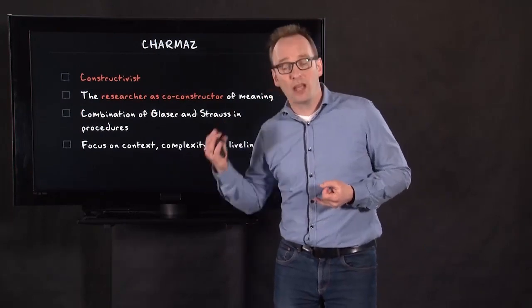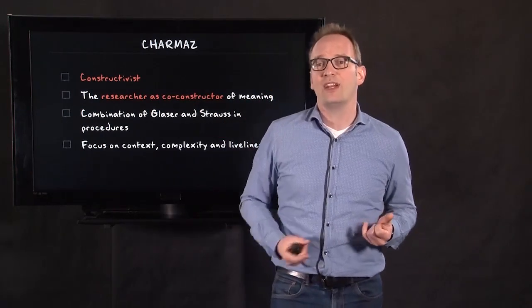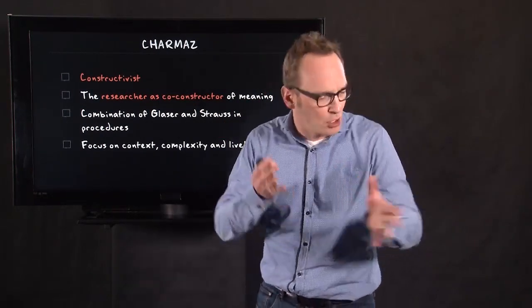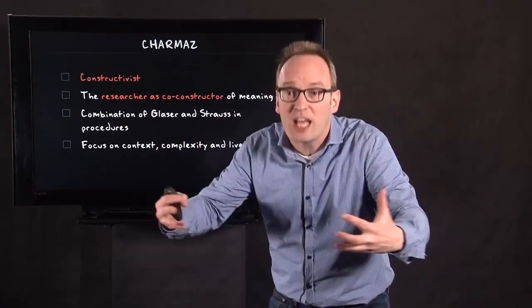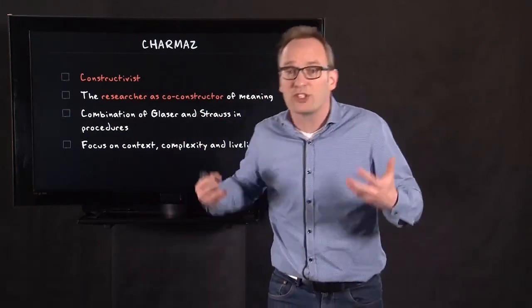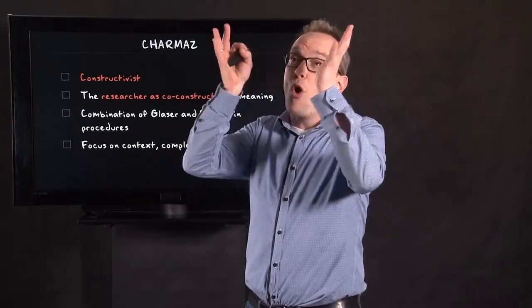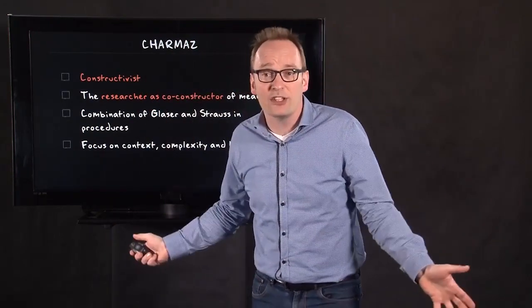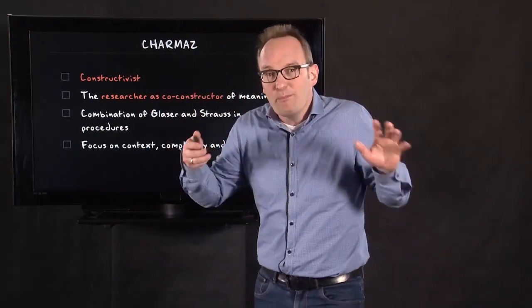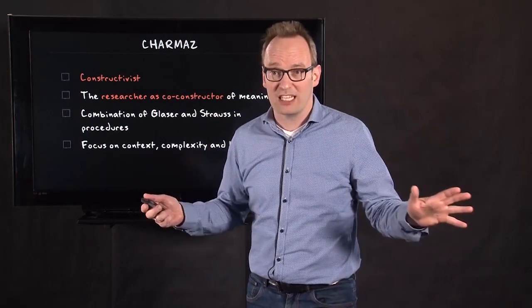And even more, because in constructivist grounded theory, there's more focus on context and complexity, and it's not as procedural as Strauss and Corbin, but it's also not as rigid focusing on theoretical sensitivity as Glaser is. It's more like mainstream qualitative analysis.